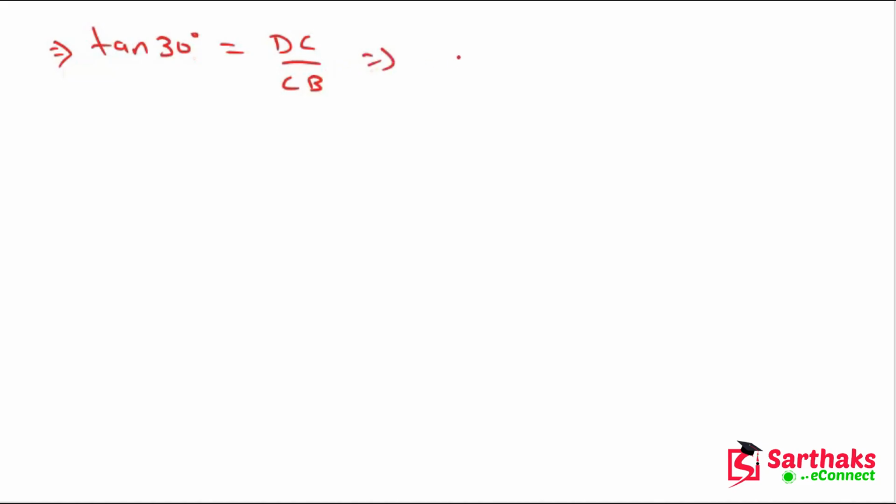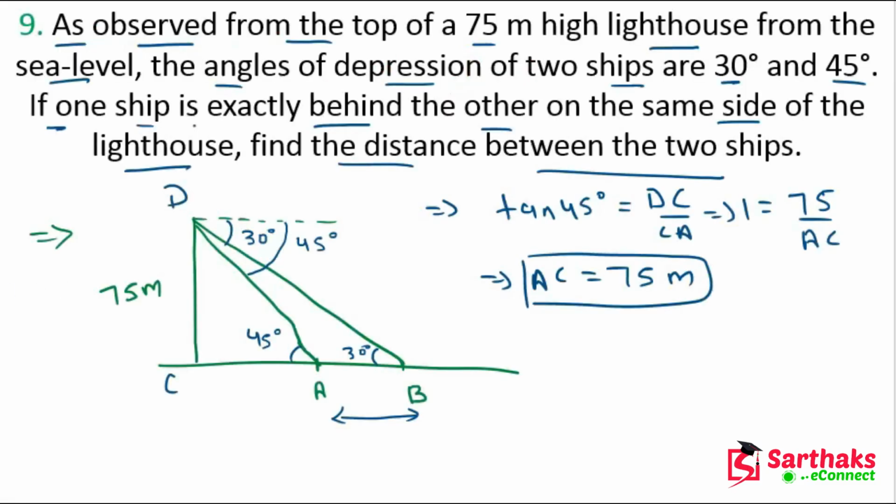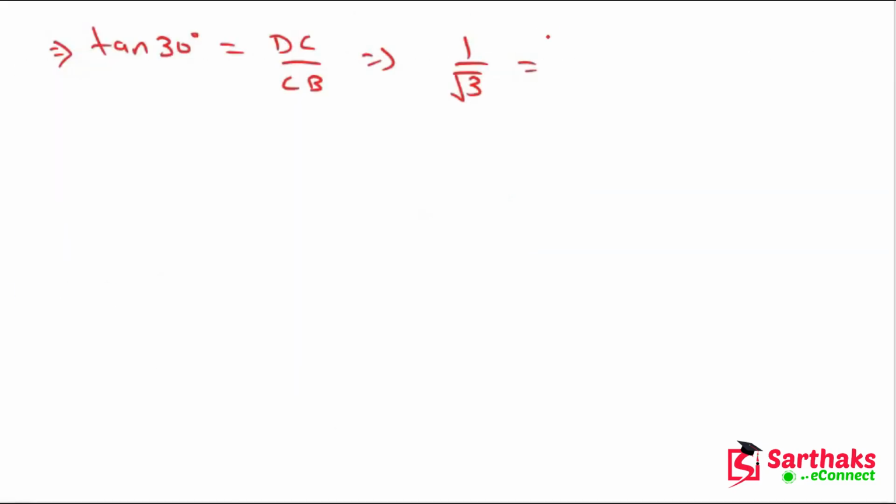Now what is tan 30? This is 1 upon under root 3. And what is DC? The value of DC is 75. And we have to find CB. So CB is equals to 75 root 3. CB is 75 root 3 meter.